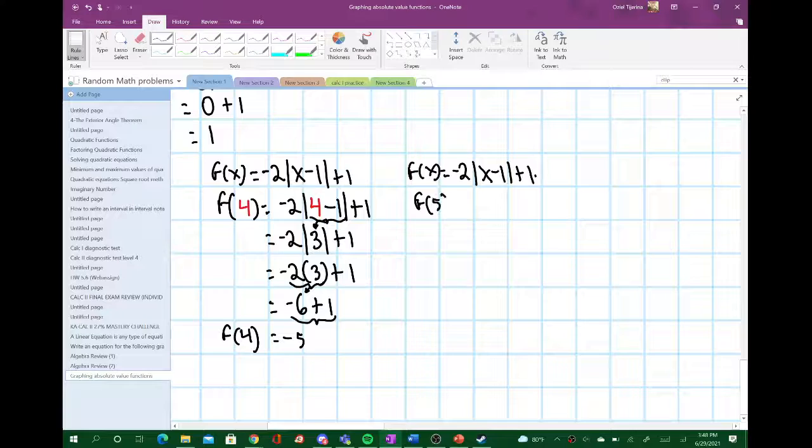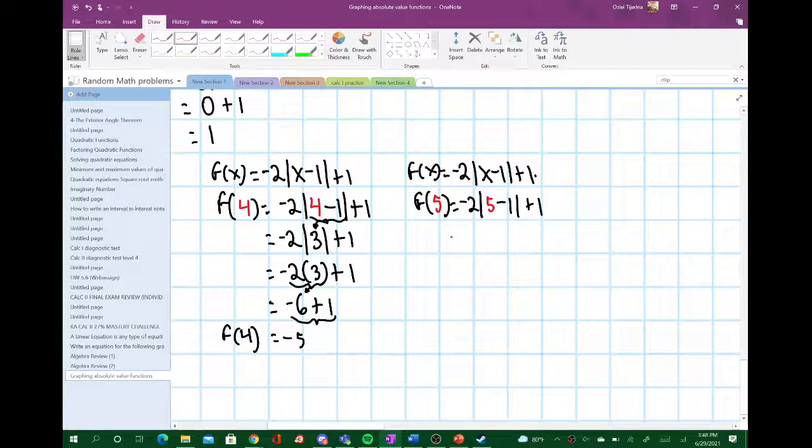So f of 5 is equal to, let me color code again, negative 2 times the absolute value of 5 minus 1 plus 1.